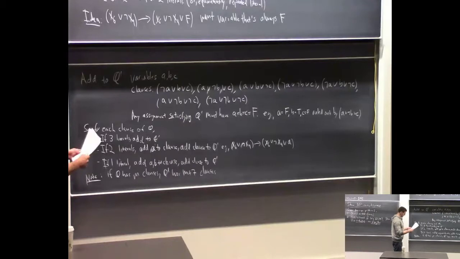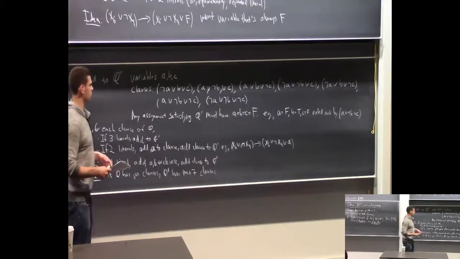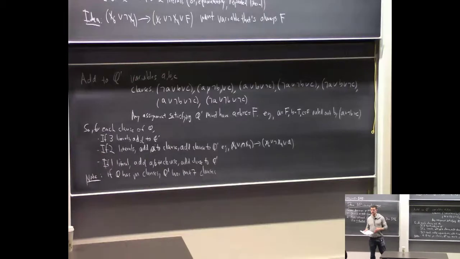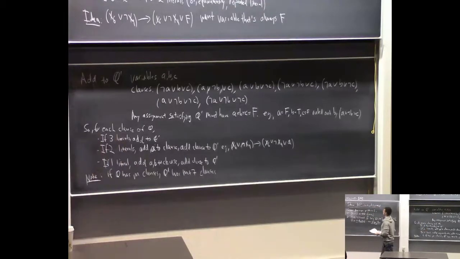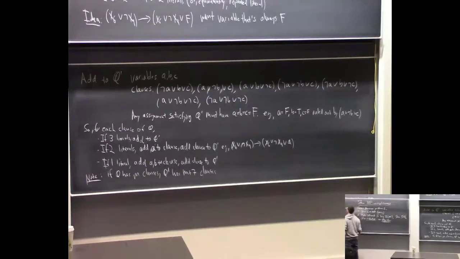So now what do we need to do? We should probably show that phi prime is satisfiable if and only if phi is satisfiable. All right, so where should we do this? Let's do this over here.